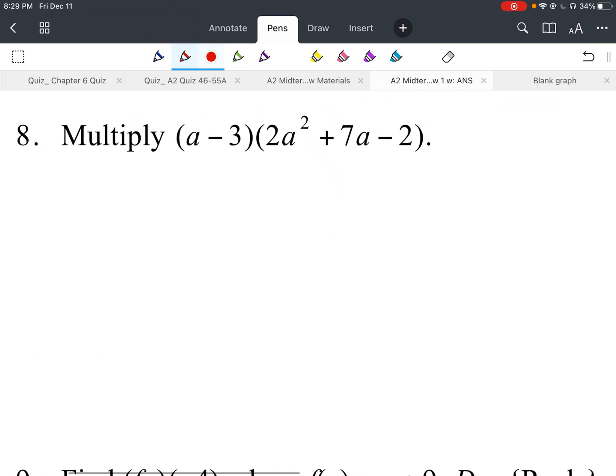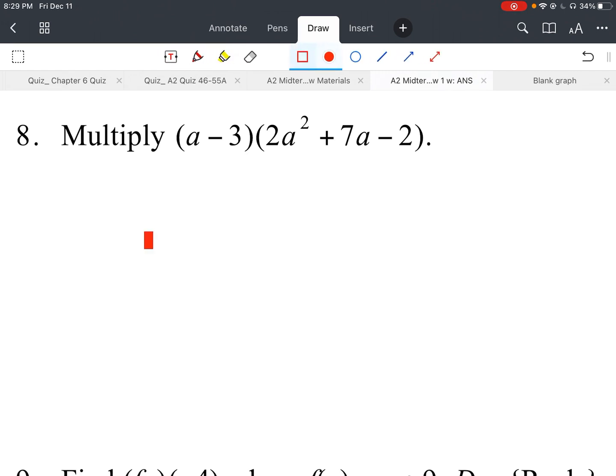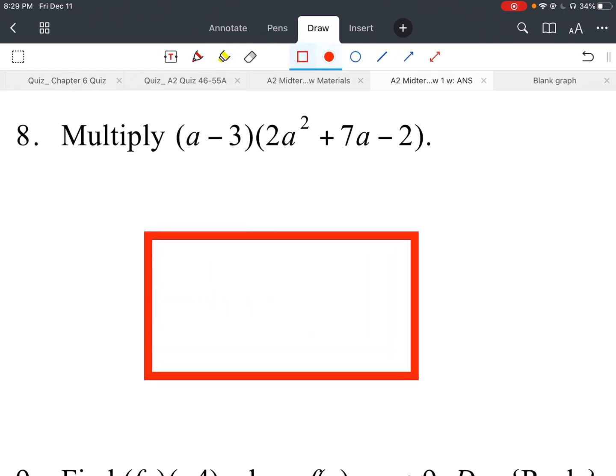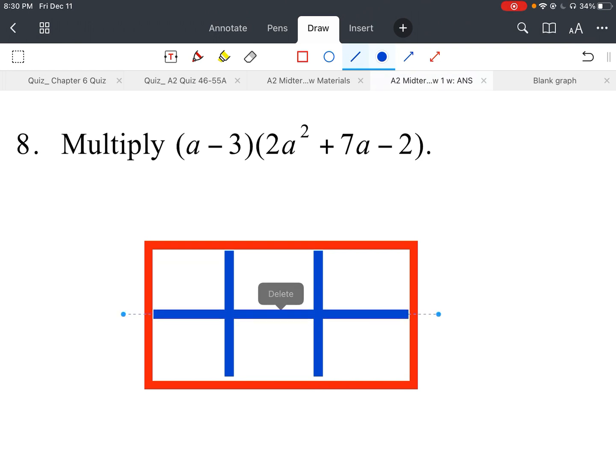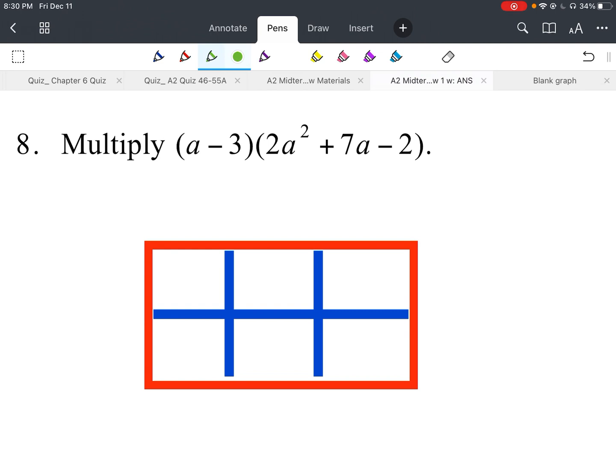Let's move on down. Okay, multiply. This is more at my speed here. When you have a trinomial times a binomial, I would recommend your little grid, right? Remember the grid? That helps you keep everything straight, make it real organized, and you can recognize your common terms and things.